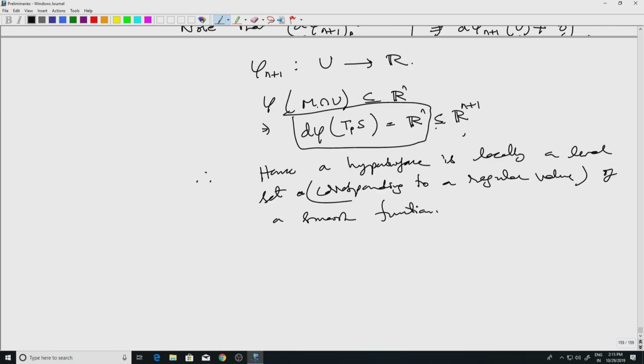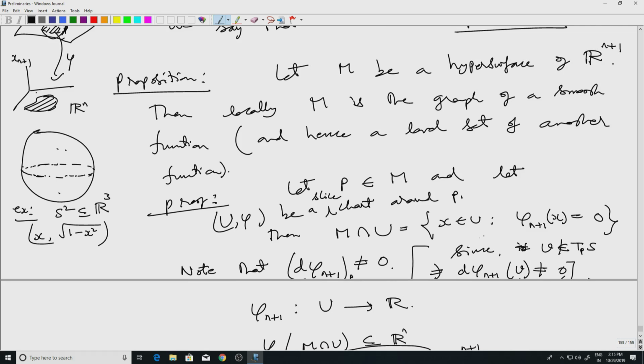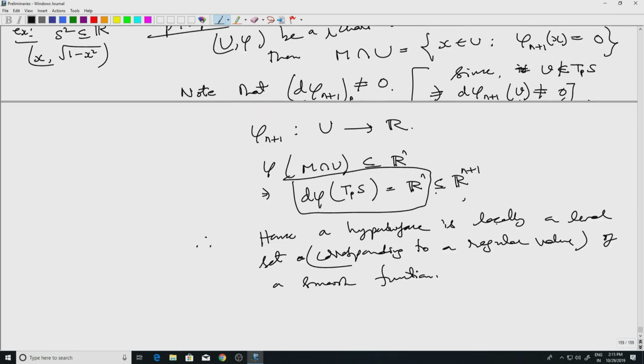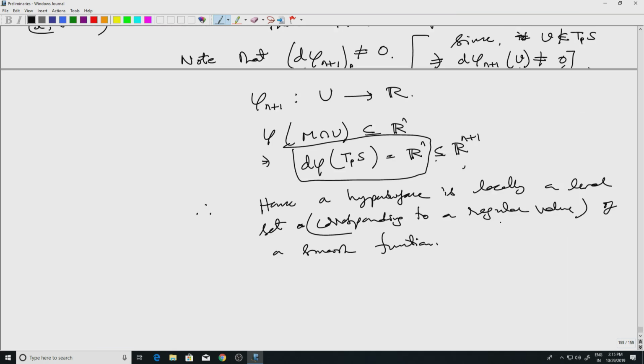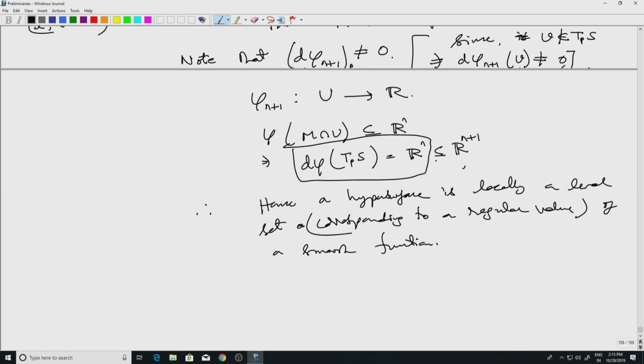Well, one can pursue this further, and then one would like to write it as actually the graph of a function, and that part is also clear how to do. Again, to see that this is M intersection U, the same portion.